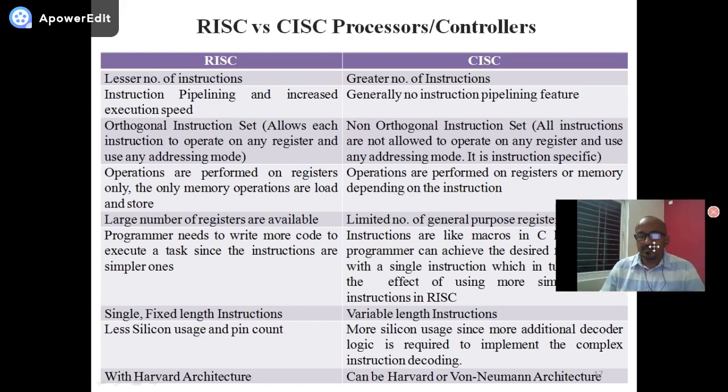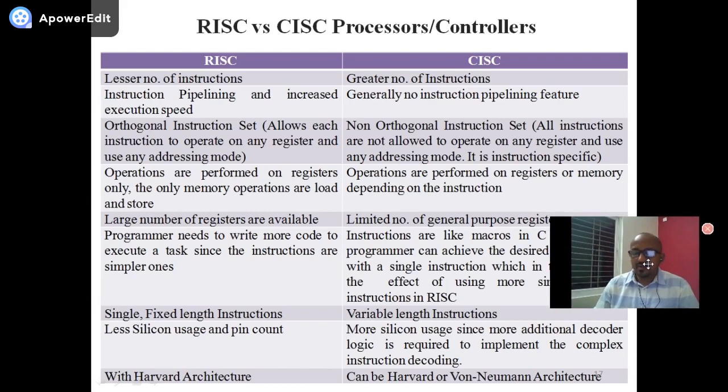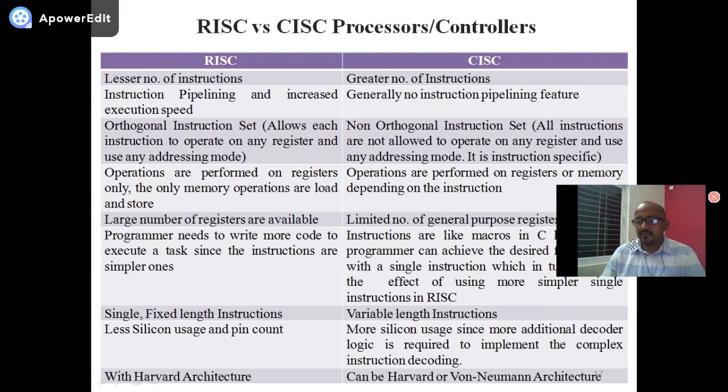In RISC the instructions are pipelined, which increases the execution speed. There is no instruction pipelining feature in CISC architectures.